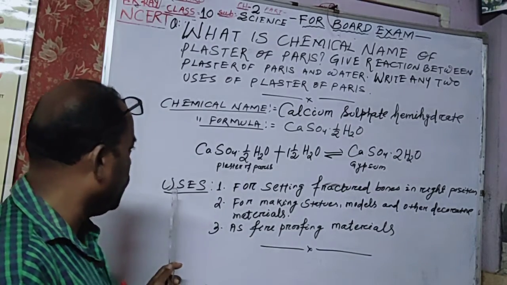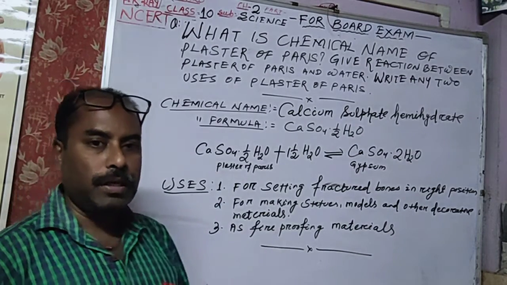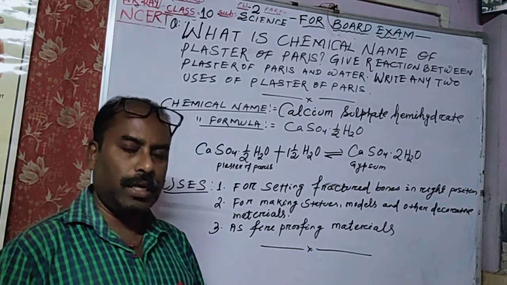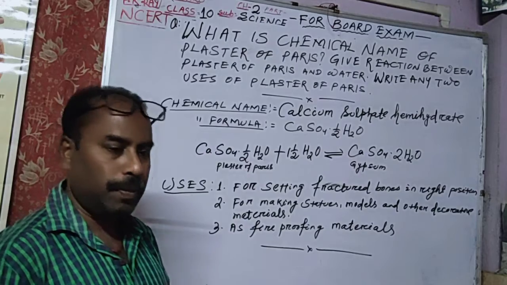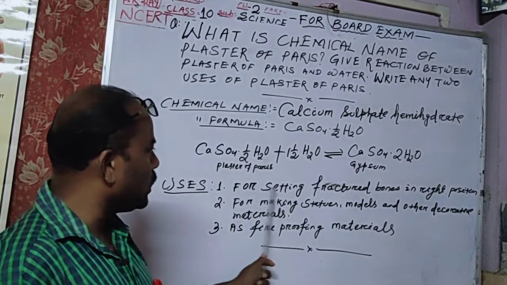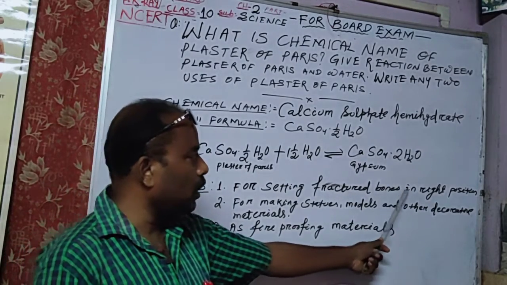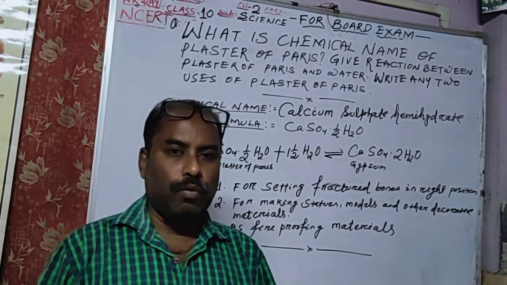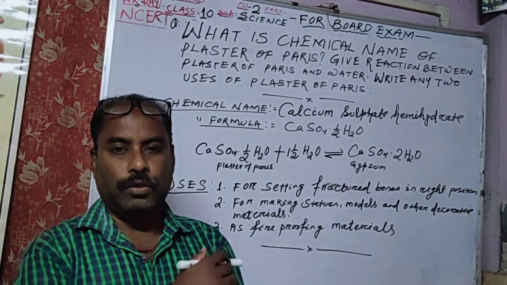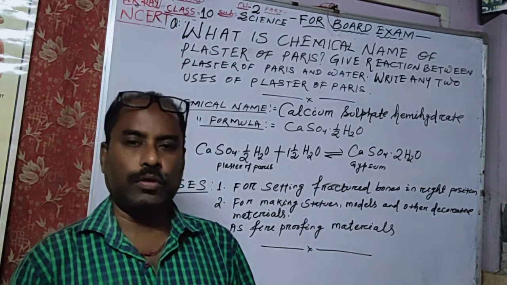Now let us come to the uses. What are the various uses of plaster of Paris? There are so many uses, but we have to discuss two here, though I have given three. First is for setting fractured bones in the right position. Sometimes due to an accident, we get a fracture in our hand or leg bones.